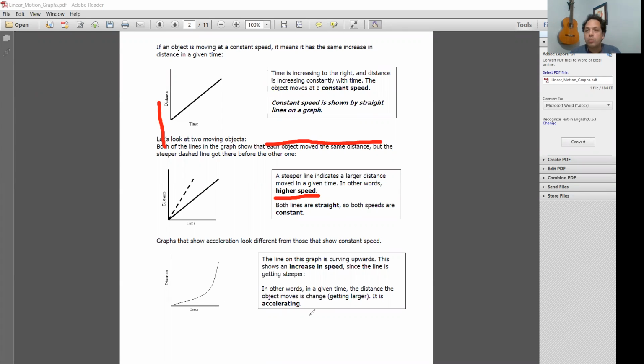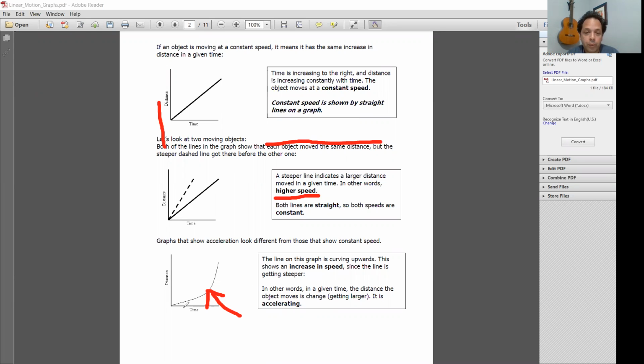Now we've seen that an object at rest is flat, and a straight line is a constant velocity. Then when we have a curve in the data, when this object is curving, it's increasing in speed.